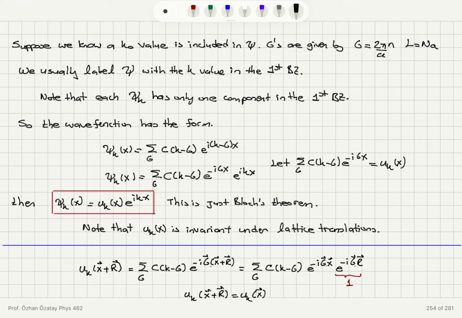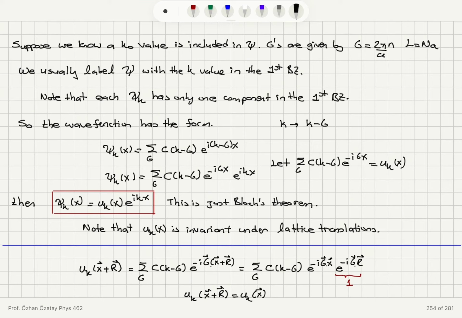So by this substitution, instead of summing over k, I'm summing over g, which goes through all possible k values. I can write psi k of x as sum over g of C of k minus g, e to the minus i g x, e to the i k x.